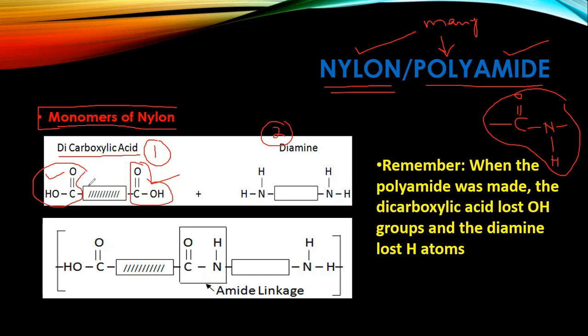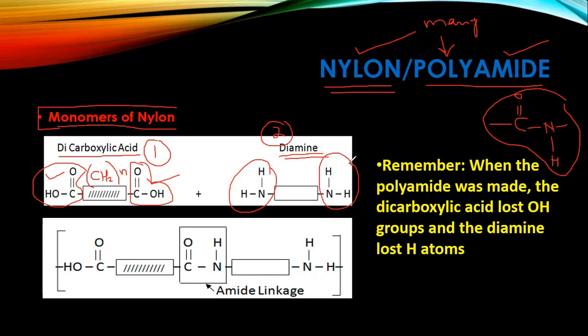And this box, which you can see, shows the carbon-hydrogen repeated so many times, right? So you must draw this box as it is, no issue at all. So the first monomer for the making of nylon is dicarboxylic acid. The second monomer is diamine, because it is having two amine functional groups.